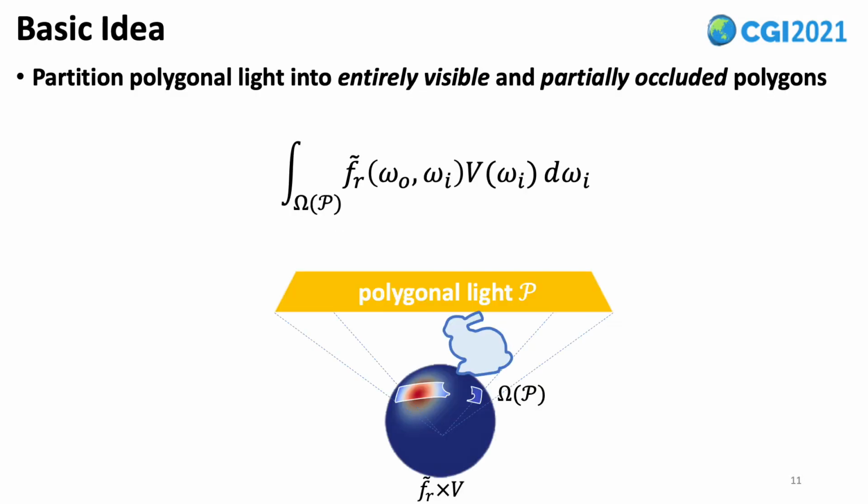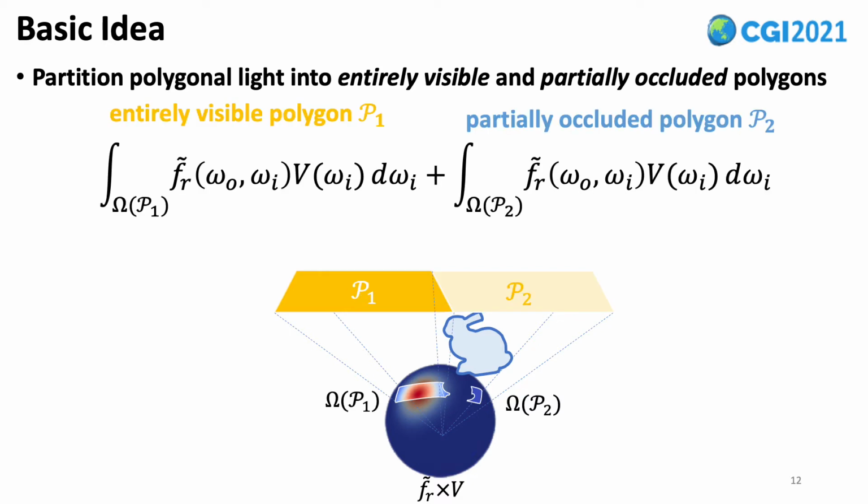The basic idea of our method is to partition a polygonal light source into a set of polygons entirely visible from each vertex, and a set of polygons partially occluded from each vertex. We do not consider entirely invisible polygons since they do not contribute to the reflected radiance.